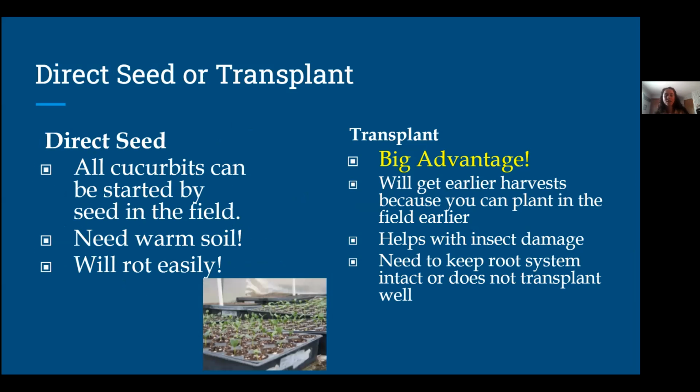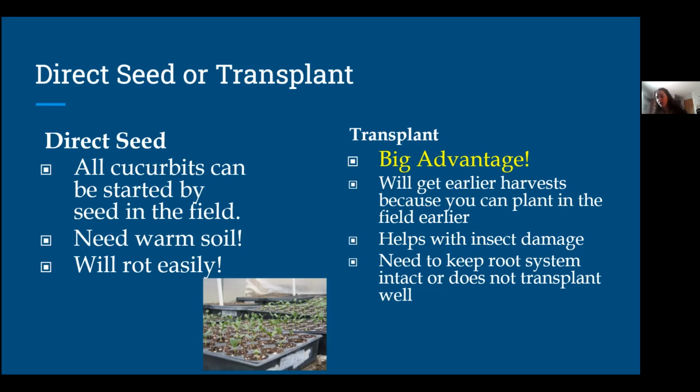So, direct seed or transplant cucurbits. All the seeds can be started in the field, but like I said, they do need warm soil. If the soil is cool and too moist, the seeds will begin to rot. I do believe it is a big advantage to transplant them, starting them in the greenhouse, because you will get an earlier harvest.